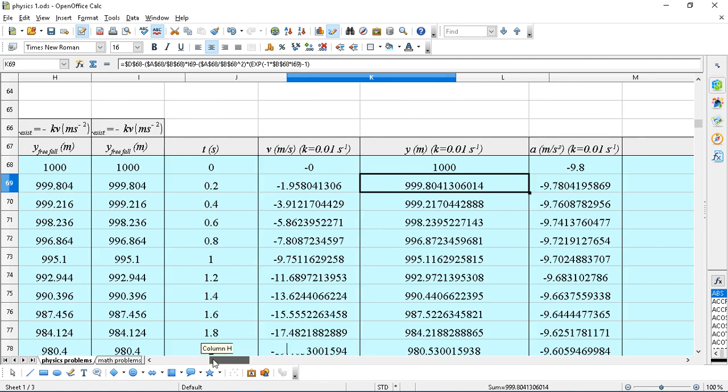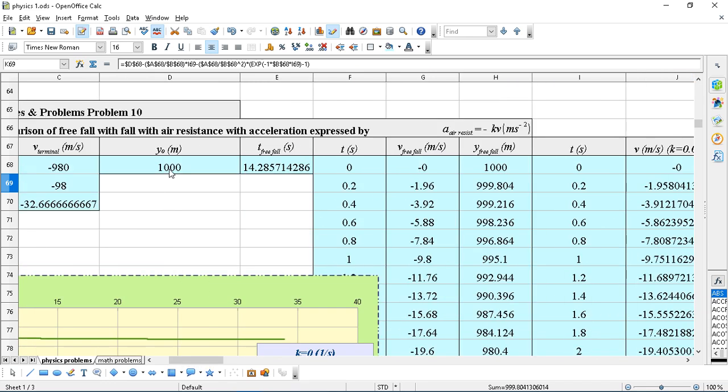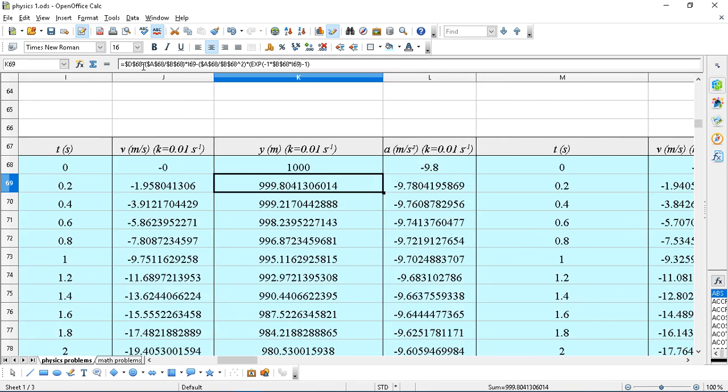D68 is this one, which is y0 minus g over k times t minus g over k squared times exponential of minus kt, minus 1.